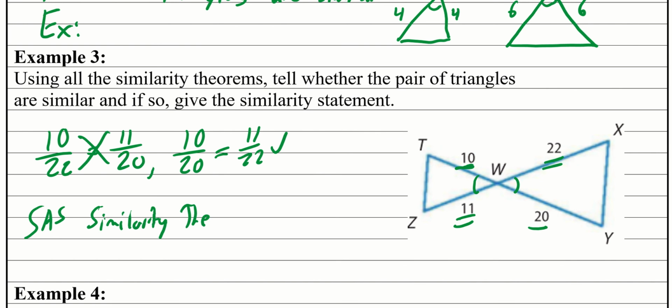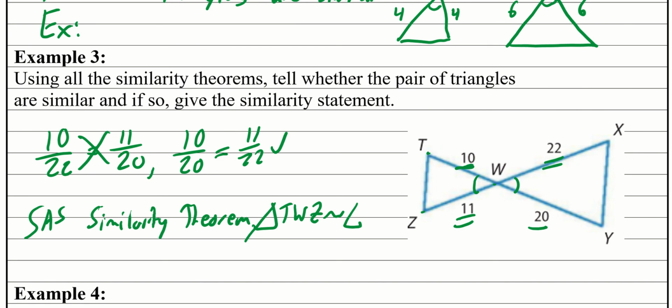And then I need to be careful about how I write my similarity statement, or in other words, when I go to say which triangles are similar. So let's start with the first triangle here. We'll say triangle, and it doesn't matter how we order this one, TWZ for instance, the triangle on the left. And we're going to say that's similar to, so I'll go ahead and draw that squiggly line to remind me that that is the similarity symbol.